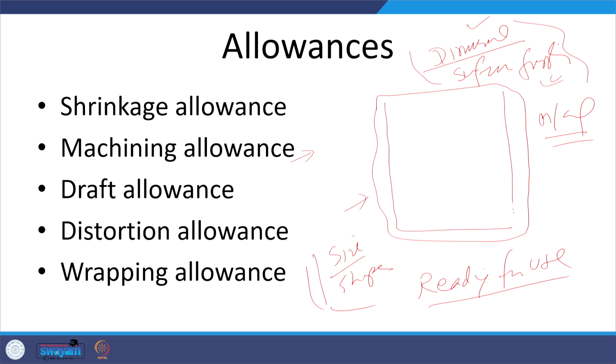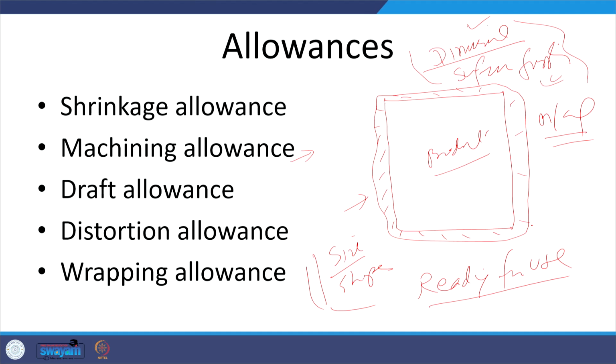Like say this is the final size and shape, the product of the desired surface finish and dimensions, but this can be realized only after machining. So we have to make the casting a little larger so that extra material is available for machining.